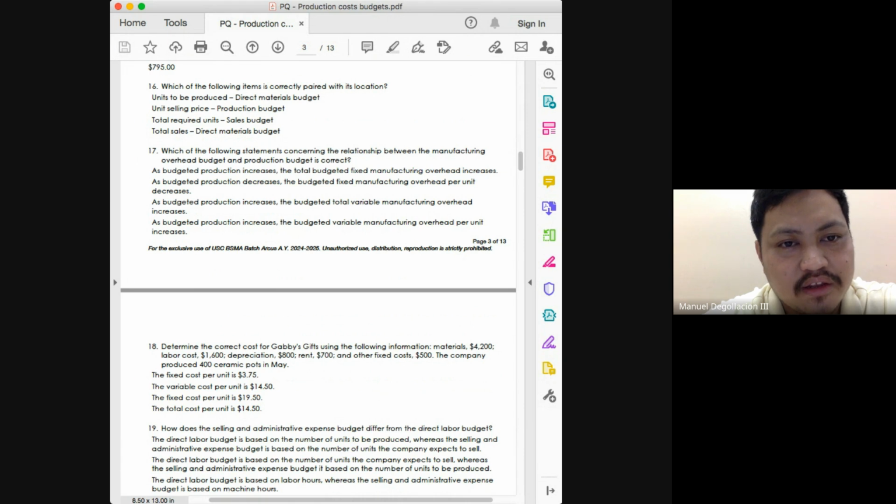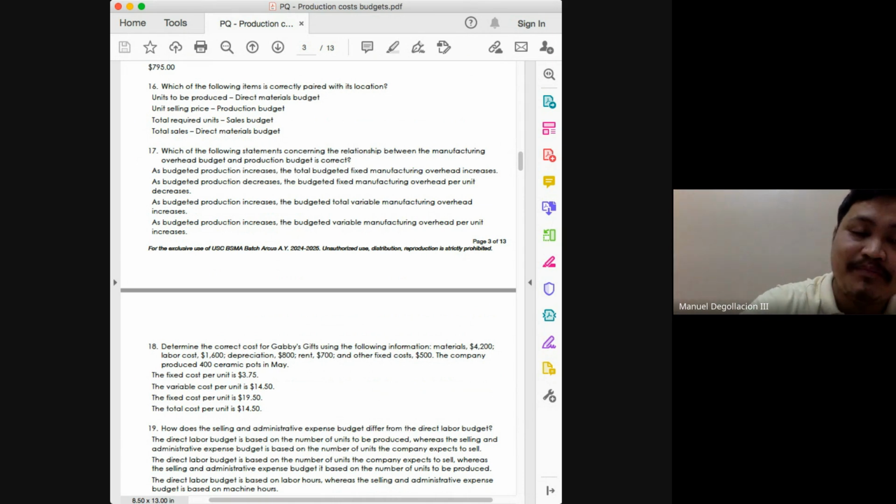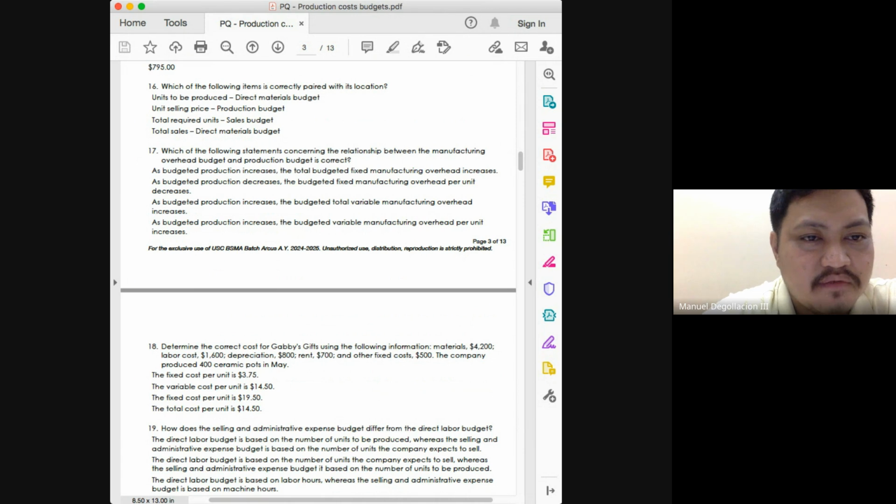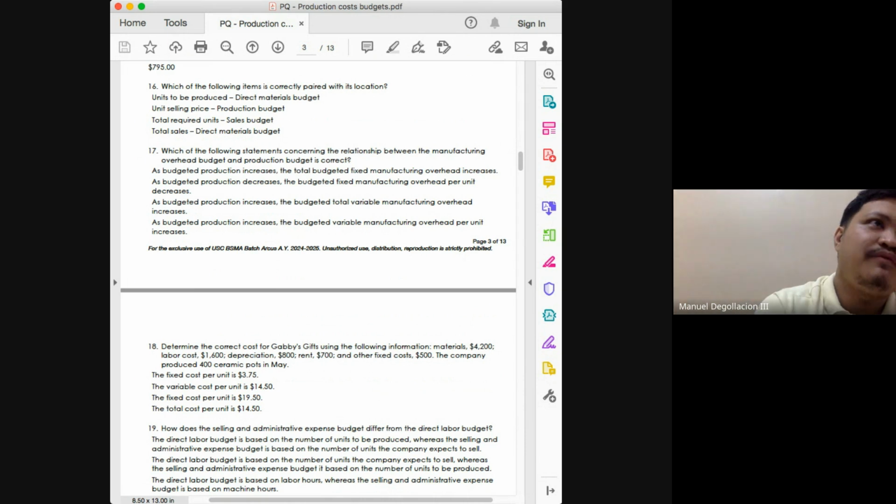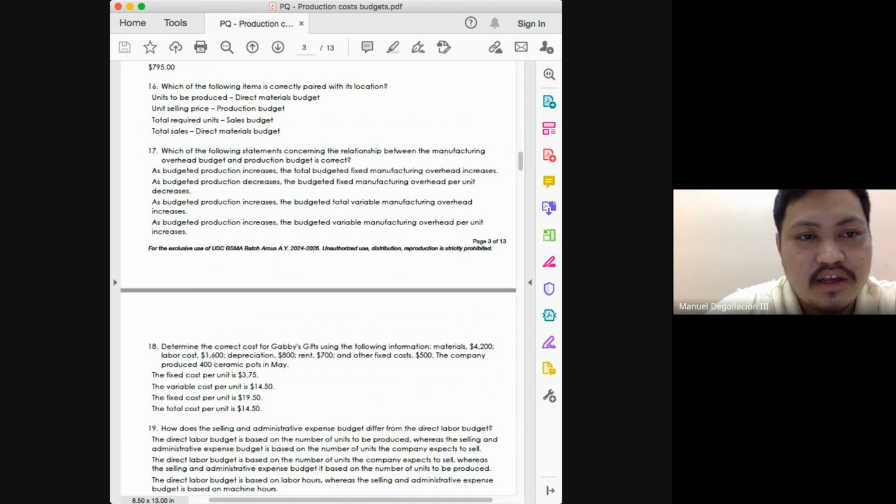The total fixed cost would be the same, but on a per unit basis, obviously it would change depending upon the level of production. But the behavior is inverse. The higher the level of production, the lower the per unit fixed cost. The lower the level of production, then the higher the per unit fixed cost.